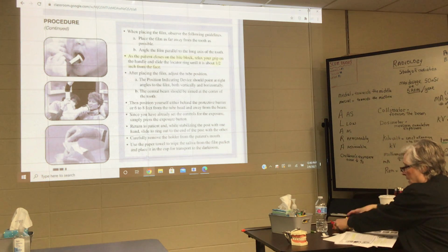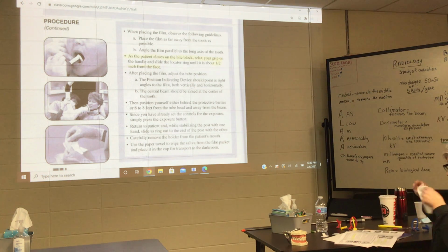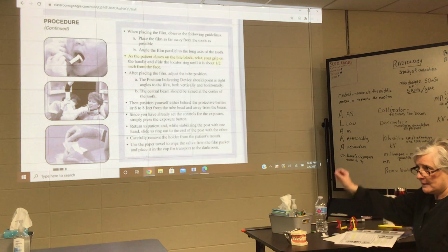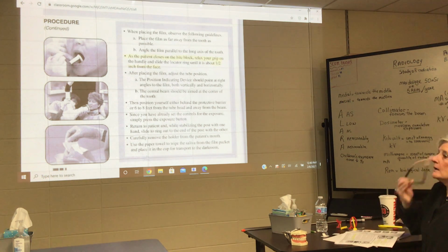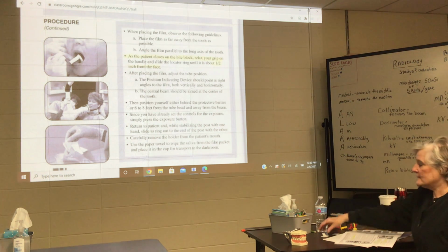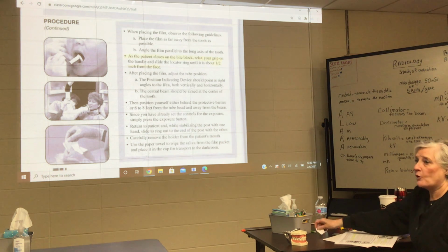So, do you have to take the cup out of the room before you do the next X-ray? No. You put all 20 of them in that cup. Once they go in the cup, they don't come out until they go in the dark room. I was wondering if it affects the film, because you can get contrast by having the film exposed to radiation.